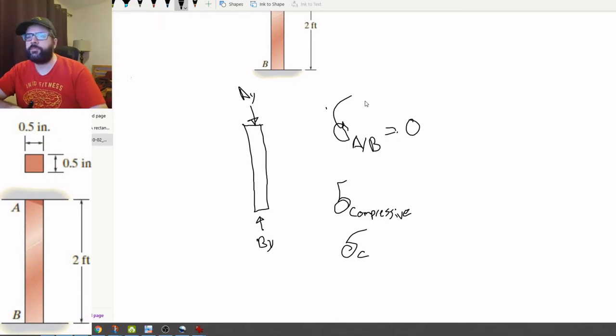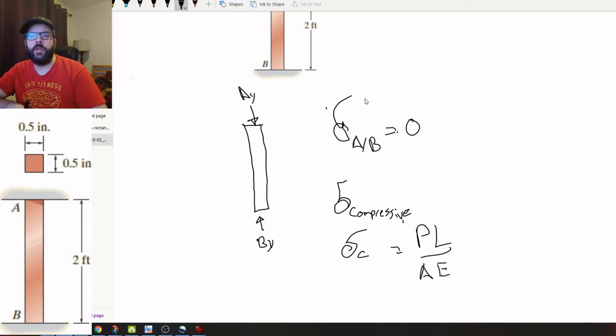So that's going to be equal to PL over AE as per normal, where P ends up being a negative amount because it's a compressive load. And the magnitude of that is either By or Ay, either one, they're the same thing, times the L over AE.